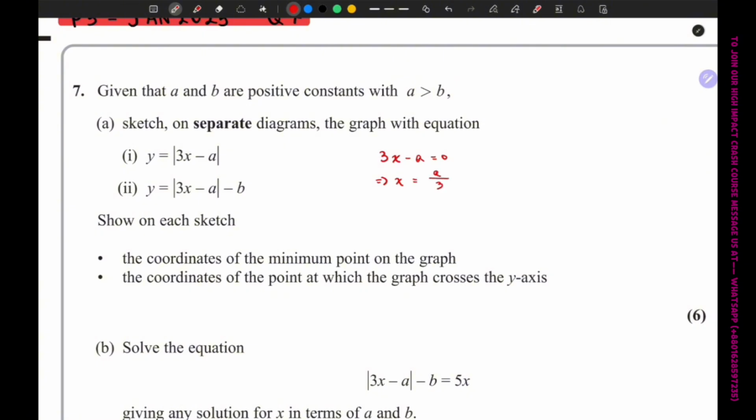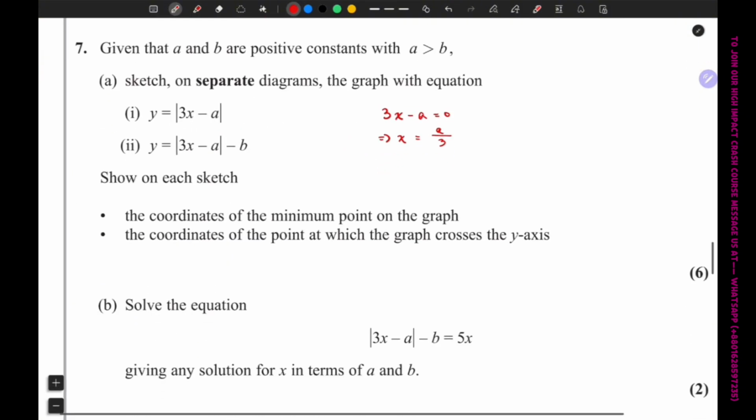Now we need to find the minimum value of y, the y coordinate of the vertex. As you can see, there's a plus 0 in the equation, so this is the y coordinate of the vertex. Another thing we need to show on our sketch is the coordinates of the point at which the graph crosses the y-axis.